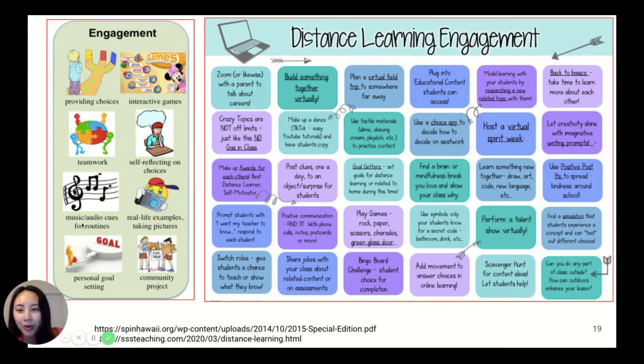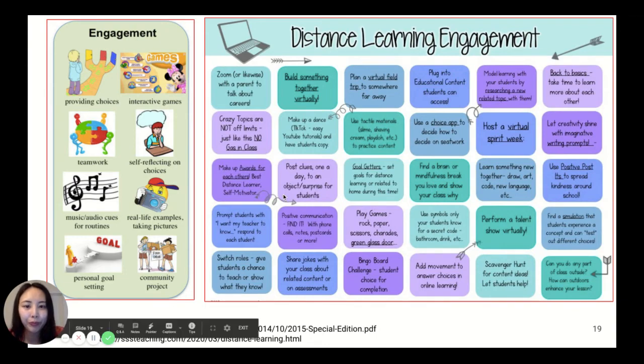We can use music or audio cues for routine, and we can use real-life examples, pictures, personal goal setting allowed for students, so they have customized goal setting, and also community projects. That's when we do project-based learning, bringing the learning to the community level.